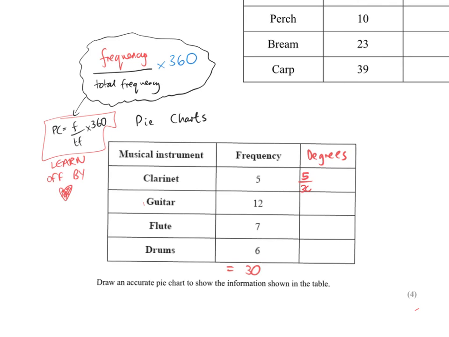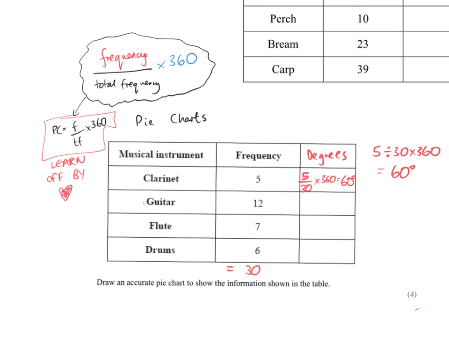So 5 divided by 30, and then always times by 360. That will always be there. That's going into a calculator, and if you do not have a scientific calculator in front of you, you will put this into your calculator. You'll say 5 divided by 30 times by 360, and it will give you the following answer: 60 degrees.